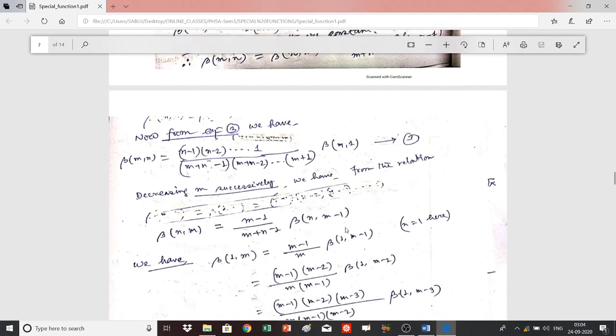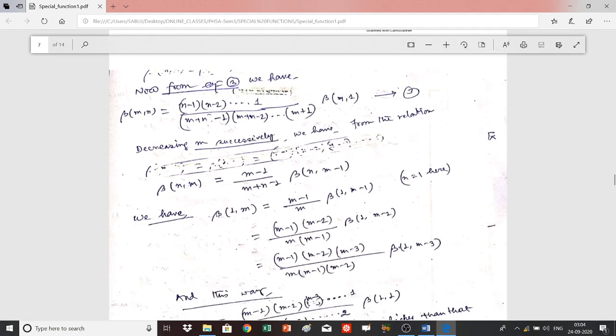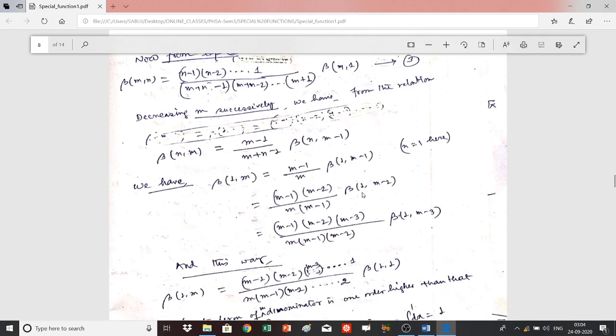And from here you can write beta 1m is equal to m minus 1 by m beta 1 m minus 1, since in this case n is equal to 1, and that will give you m minus 1, then m minus 2, then m into m minus 2, and beta 1 m minus 2.